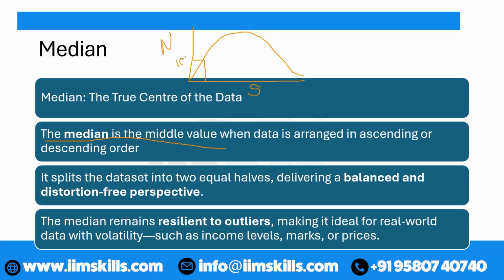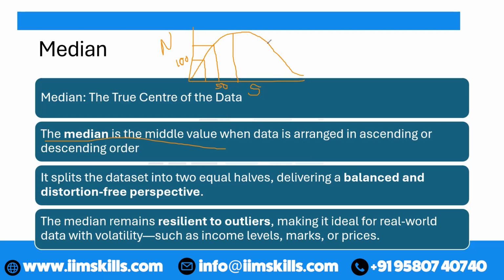Let's increase the score to 50, and you will again see quite a lot of people, an increase in the number of students to, let's say, 500 students who have scored 50. Let's increase it to 70. You will see again a peak, with around 20,000 students who have scored 70 to 75 marks.